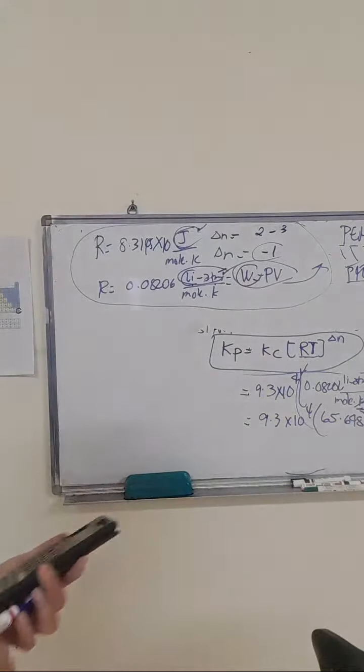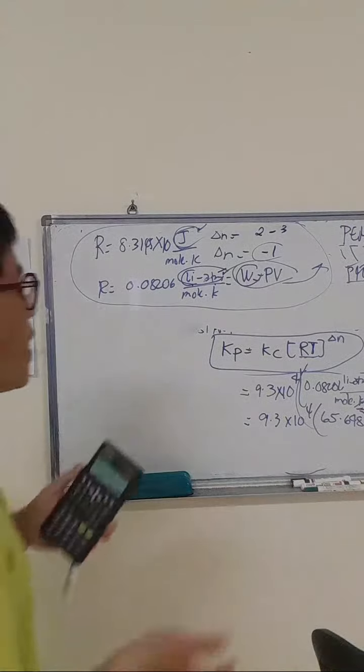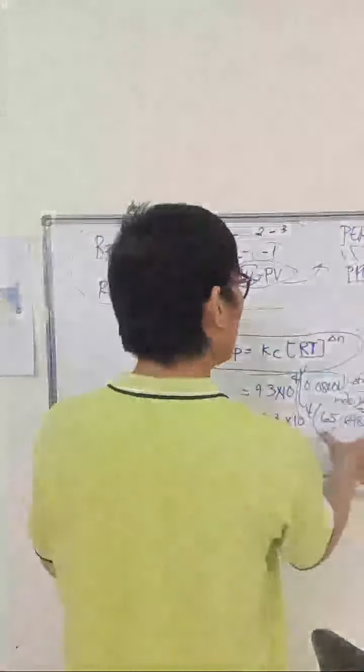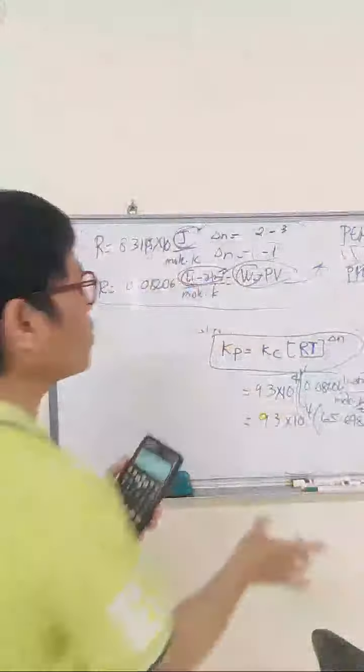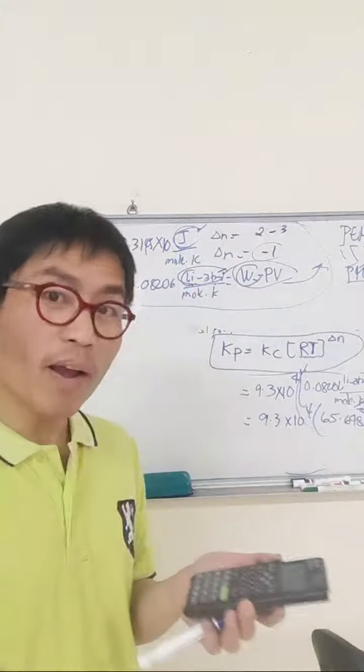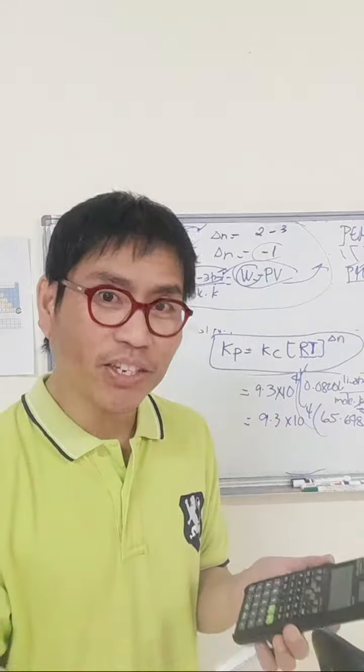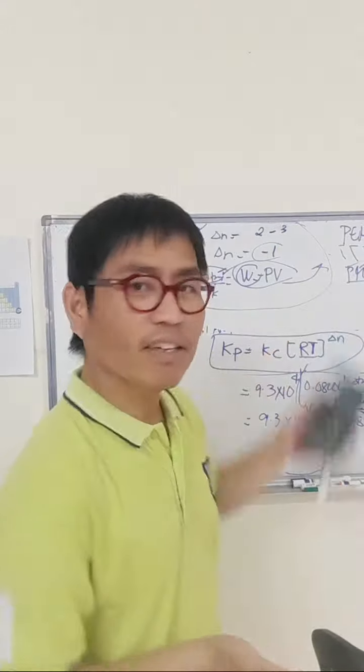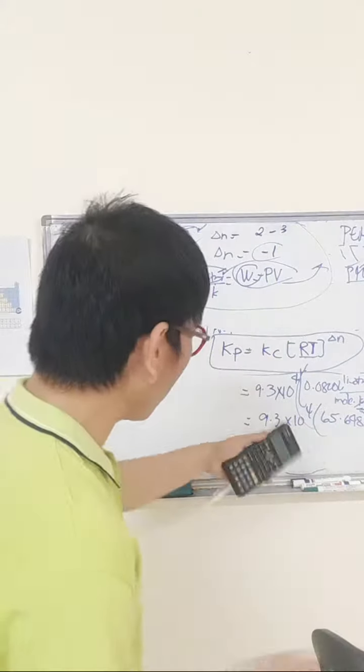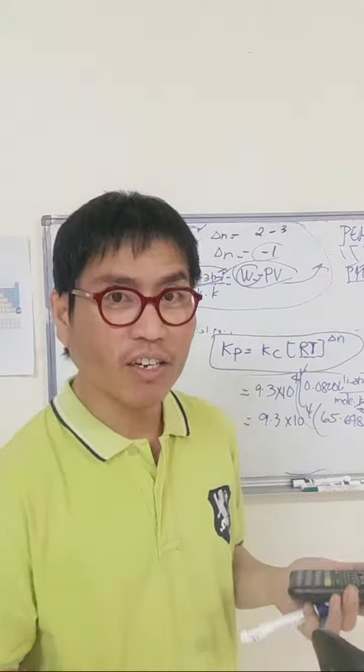Now, this -1 is only for the parentheses, not for this, because the parentheses should be done first in algebra. You get the point? If you apply it to the other side, then you will be wrong.